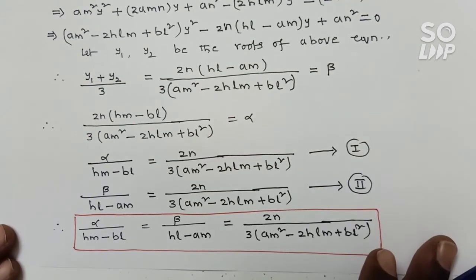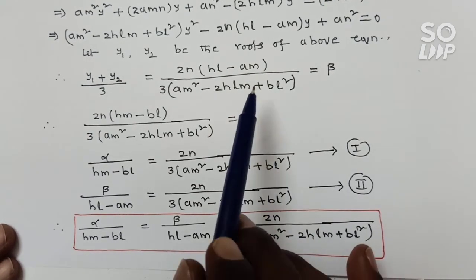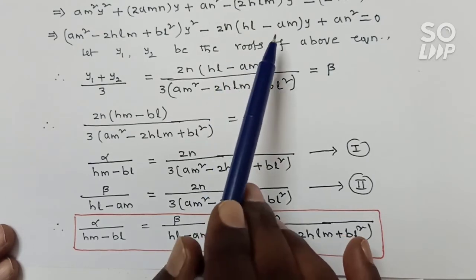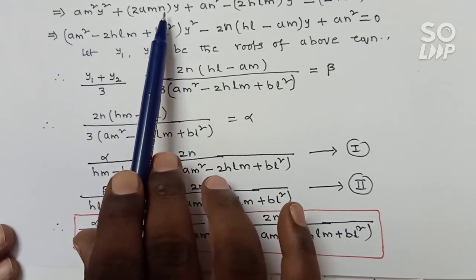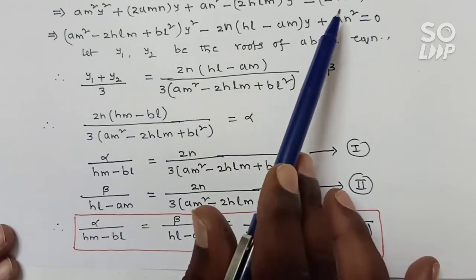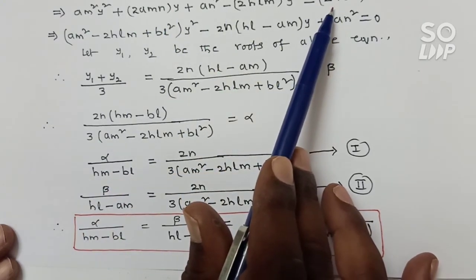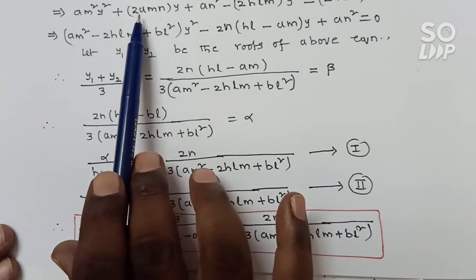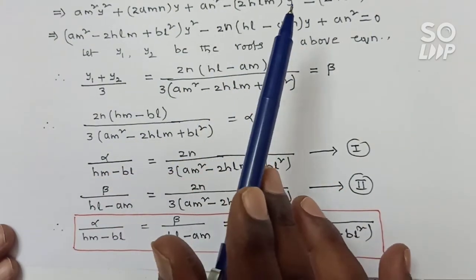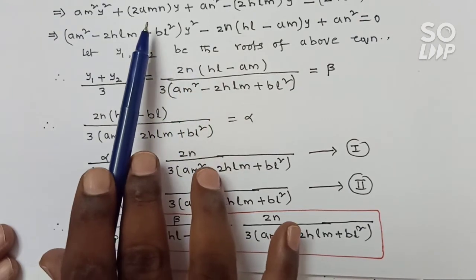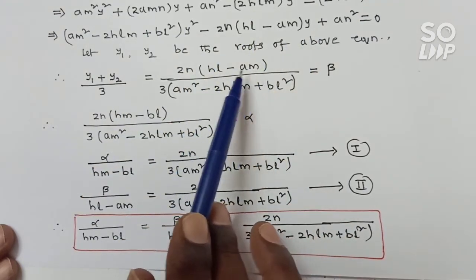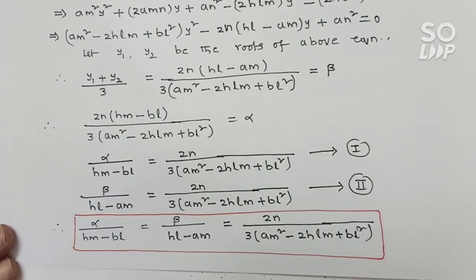Once again you can verify this simplification. Here, 2a into m n is positive and this one is negative. By taking 2n common, and the sum of the roots being minus b by a, you will get the same result, (h l minus a m) whole divided by this one.